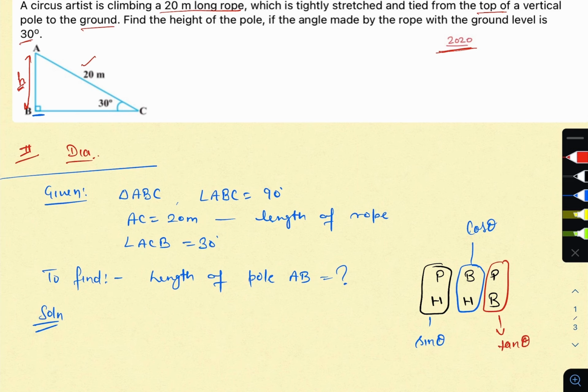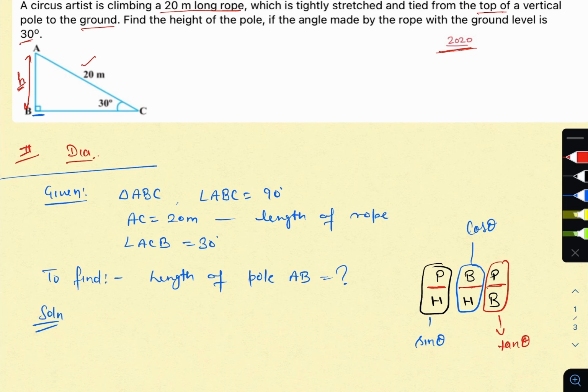So sin theta is perpendicular upon hypotenuse, cos theta is base upon hypotenuse, and tan theta is perpendicular upon base. I think all of you are doing revision this time, so you must know these basic things. Even then I am just repeating and revising these basic concepts.